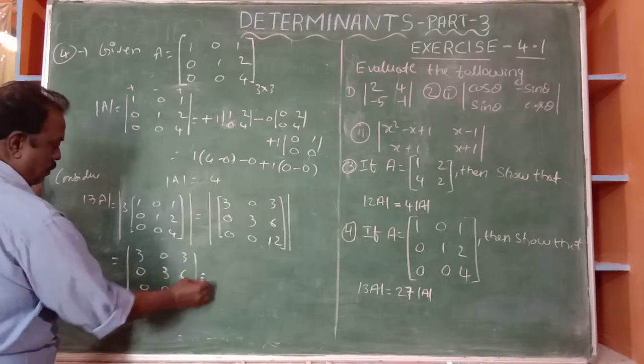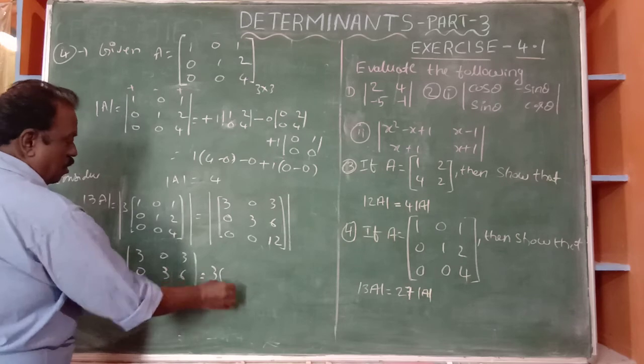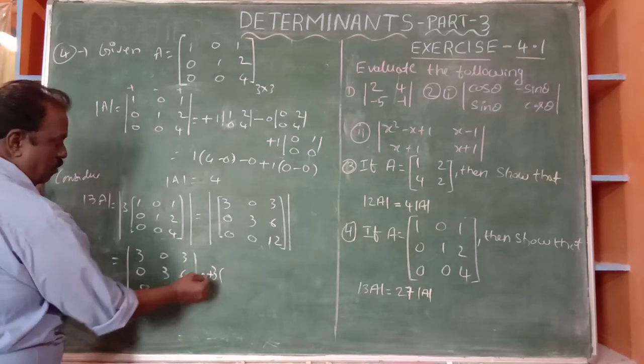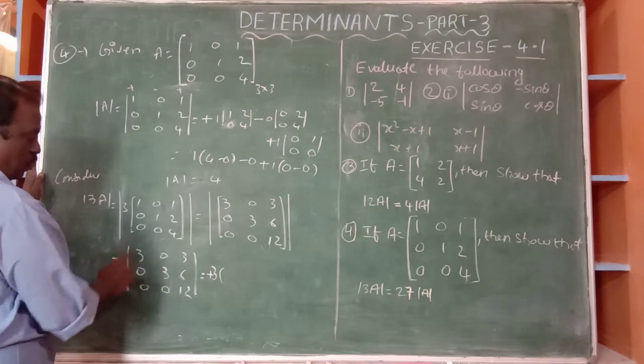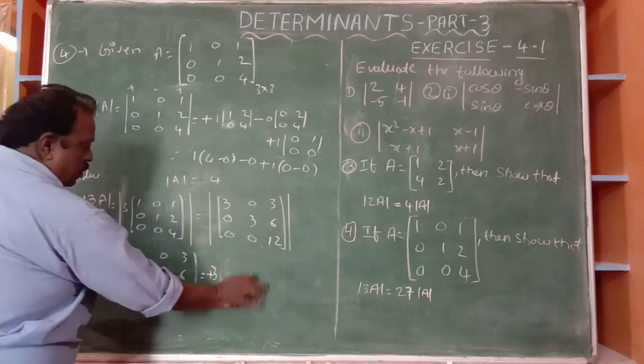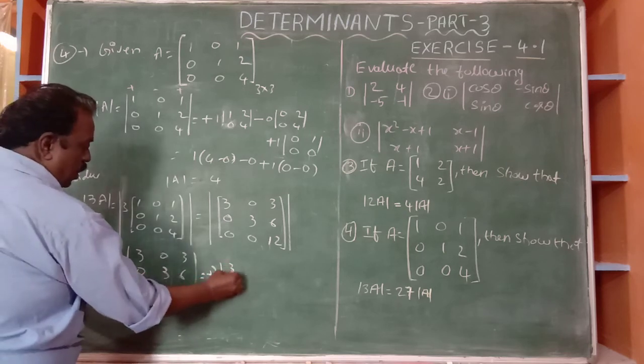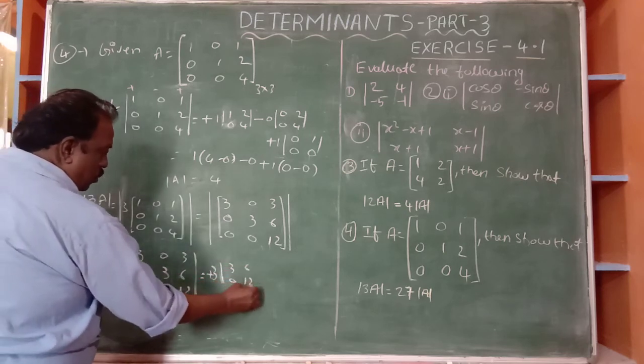Okay, determinant. Now, we know it. Determinant means it is plus 3. Don't confuse. Plus 3 of, you delete this one, the minor [3, 6; 0, 12].